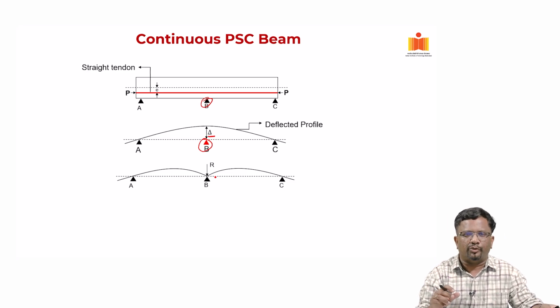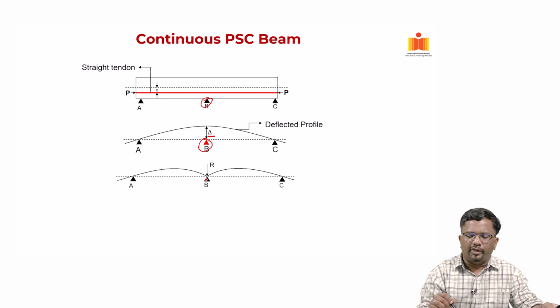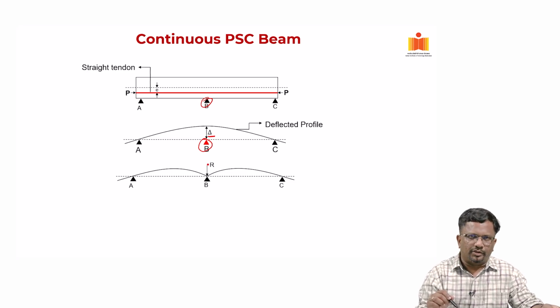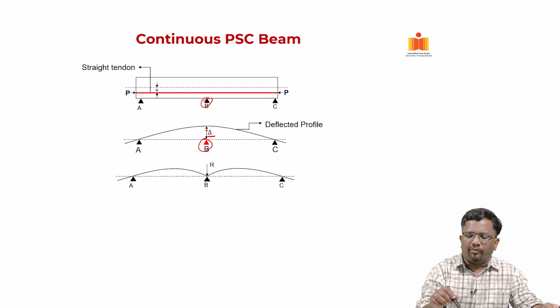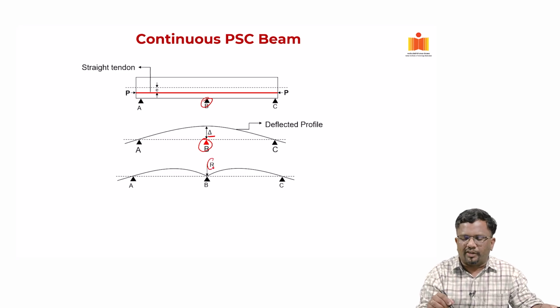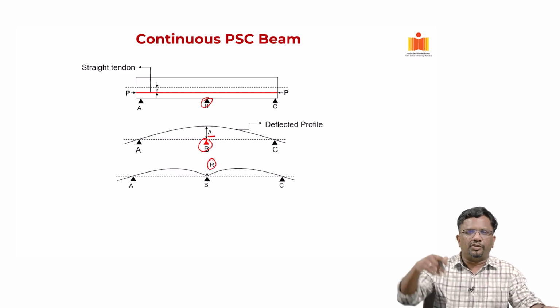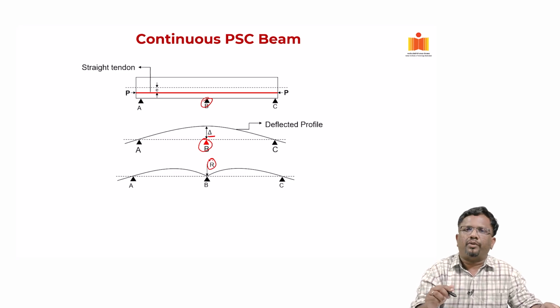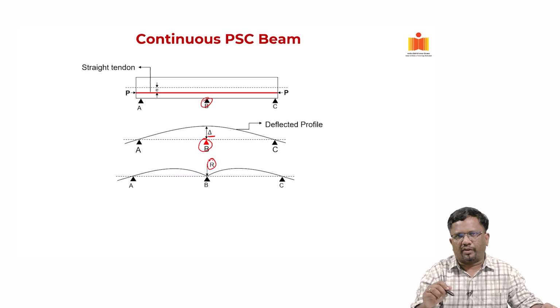So, that is what the support does. Because you have the support, the beam cannot deflect upward due to the pre-stressing. So, because I have to prevent this deformation, there is a reaction that will be developed which is going to push the beam downward, and we need to evaluate the effect of it.